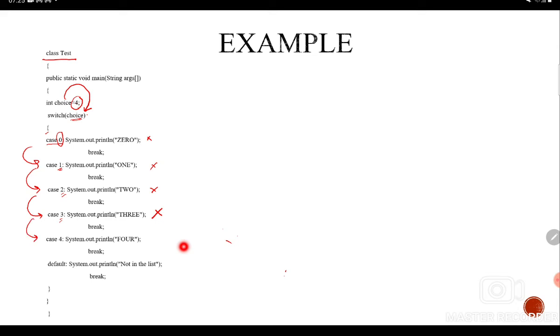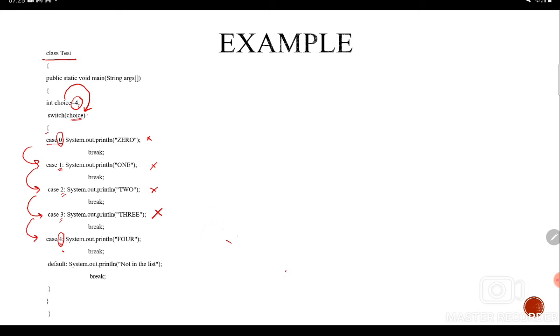So it will go to the next condition. Case 4: yes, my choice is equal to 4 now, right? The choice which I have given here is 4, and it is equal to the choice that was entered.